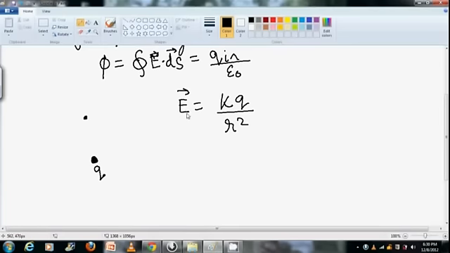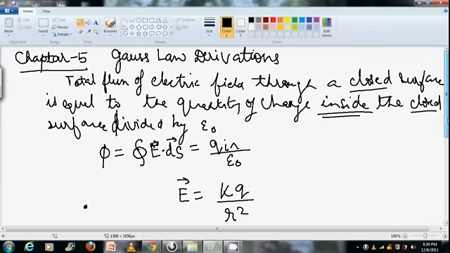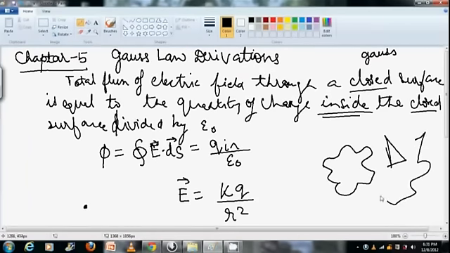Now you will use the Gauss theorem to derive the same thing. One important thing is that this closed surface is also called the Gaussian surface. A Gaussian surface can be of any shape: it can be a pyramid, or some arbitrary shape, or a sphere, or a cylinder.